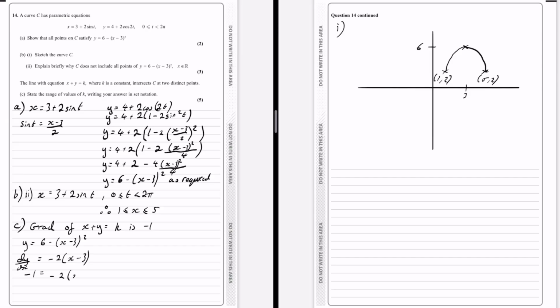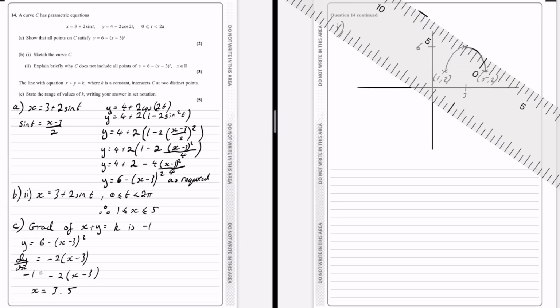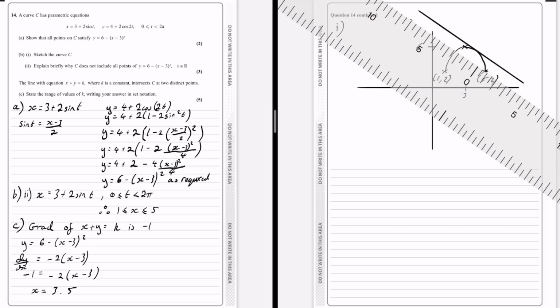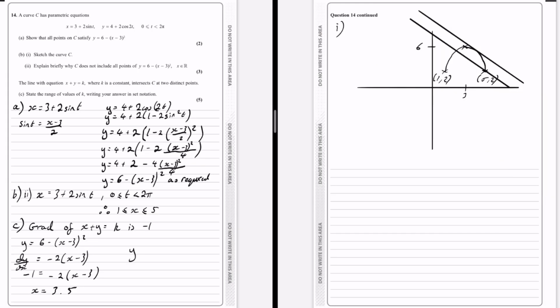So to do that, I've differentiated the curve, I've equated it to minus 1, and I solve that, and we get the point x equals 3.5. And you can see I've now drawn the two lines that are going to help us there. The first line on the upper right is when the line is tangential to the curve at x equals 3.5, y equals 5.75.